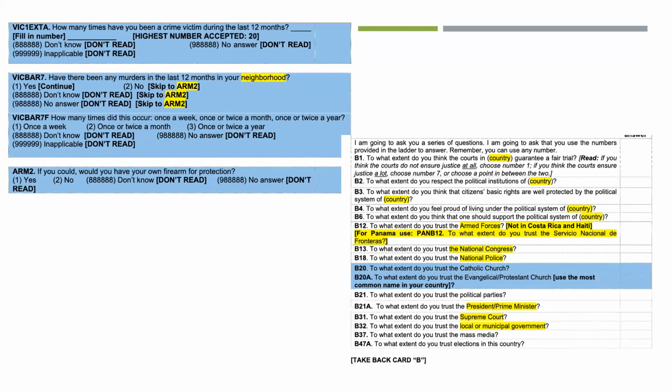And then there are 21 different questions about support for all different sorts of political institutions, everything from the police and the army to the president, Congress, political parties, all sorts of stuff. So as you can imagine, there are multiple different ways that we might answer the question, what's the relationship between perceiving a high level of violence in your neighborhood and support for political institutions?